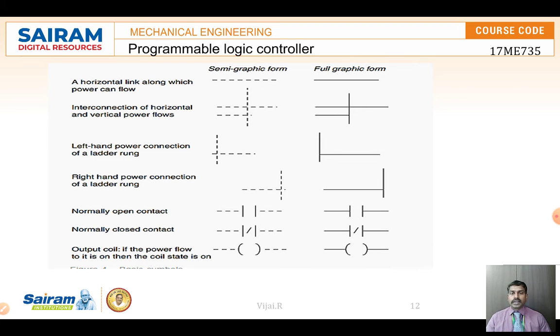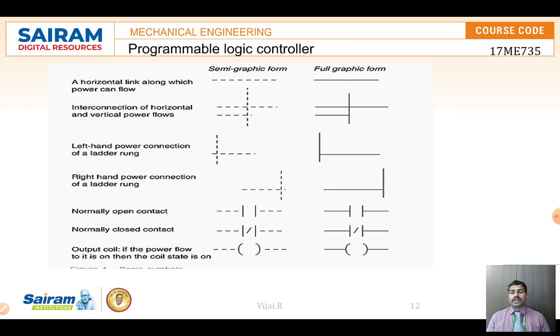If lines intersect, that is the interconnection of the horizontal and vertical rails, showing vertical power flow. There is a left-handed power connection of a ladder rung and a right-handed power connection of the ladder rung; you can see the rail and rung are all connected.